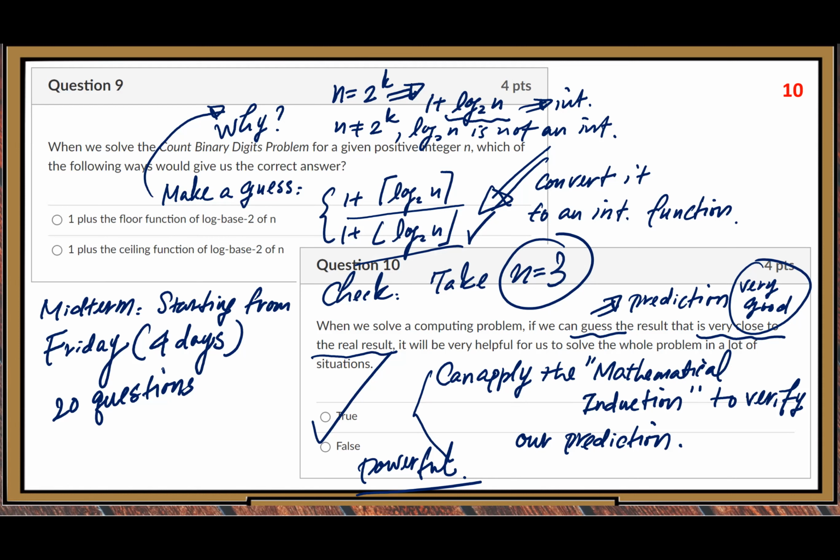But some variation, modification could be challenging. You can expect 2 or 3 questions relatively more challenging. But for those challenging questions, I may create some hint videos for you. Hint videos.